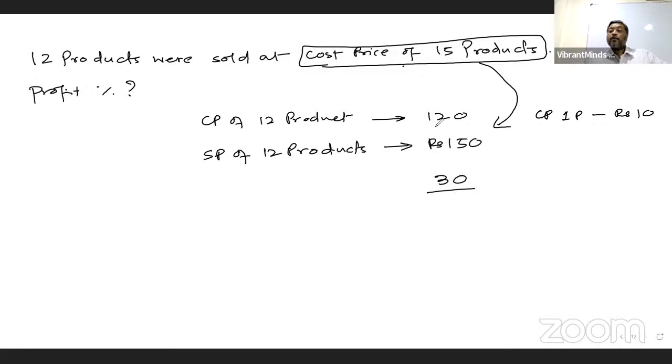This is your profit. Cost price is what? 120 multiplied by 100. 3 4s are 12 and 4 25 times. So 25% is the profit. 25% is the profit. Is it clear? Now, a shortcut you might remember it.